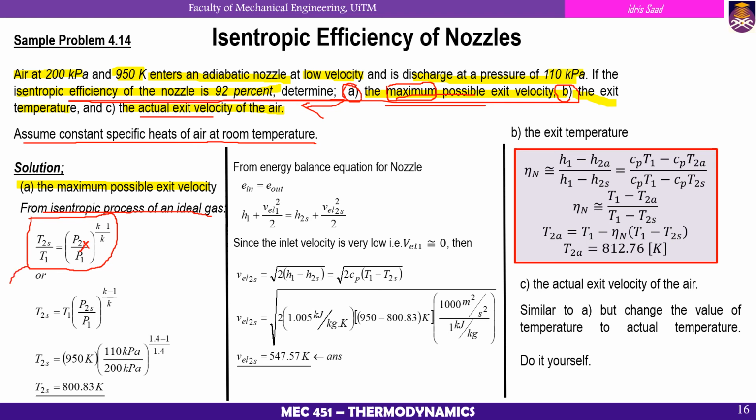Here P2 has no S because pressure is a constant pressure. We can rearrange this equation to get T2S as T1 multiplied by P2 over P1 to the power of k minus 1 over k. Put the value, T1 is equal to 950 Kelvin. The kPa can be cancelled out, and you get the value of T2S as 800.83 Kelvin.